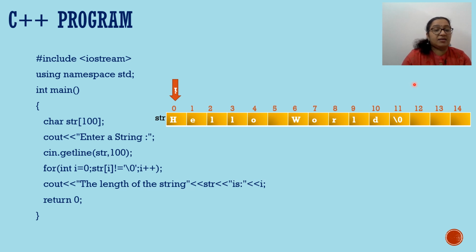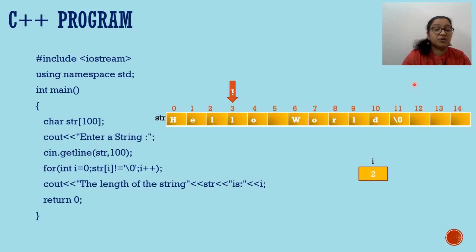First time I focus on the 0th position, so the value of I is 0 now. Now second time the I will move on to index number 1, that means I value is 1 now. Next I will move on to the second position, so the I value is 2 now.